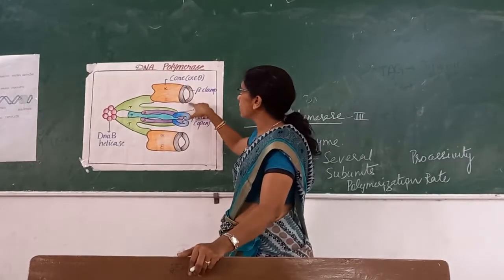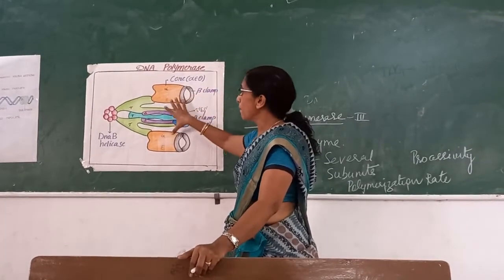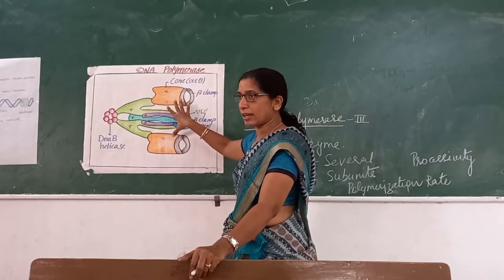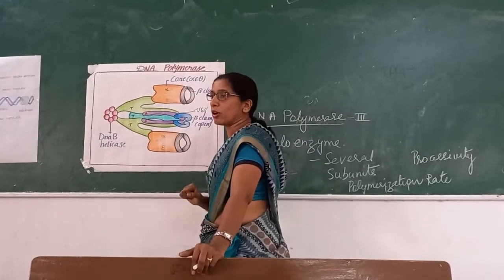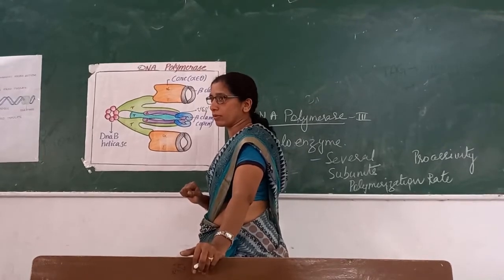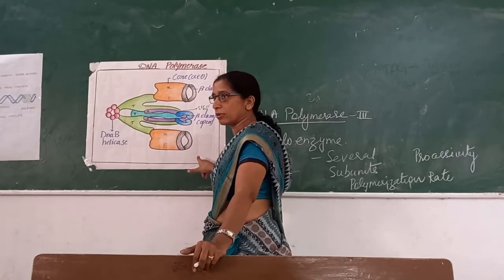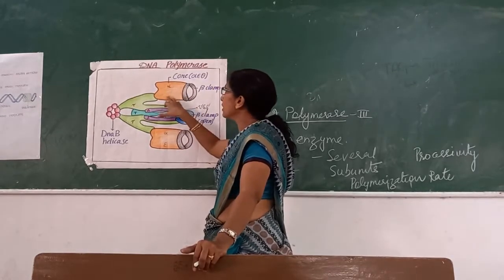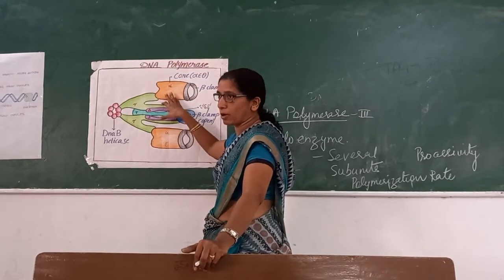So what is the role of beta? Beta helps the sliding, because this polymerase enzyme should first bind to your template strand, both the strands, the leading strand and the lagging strand. Alpha is involved in polymerization. These three subunits are involved in polymerization.